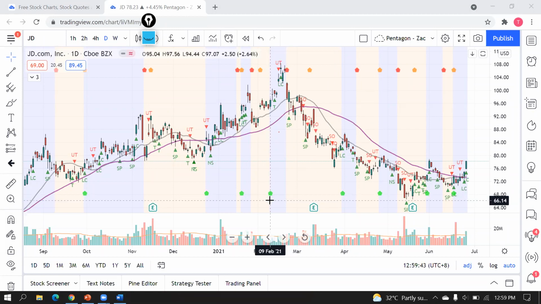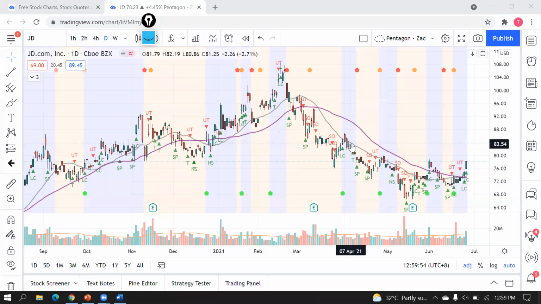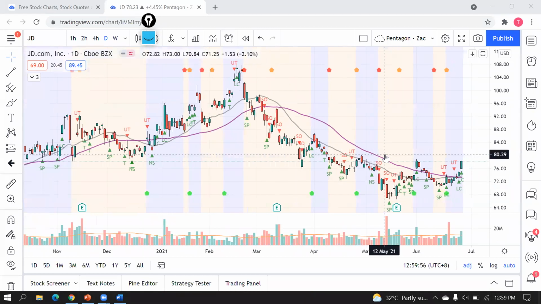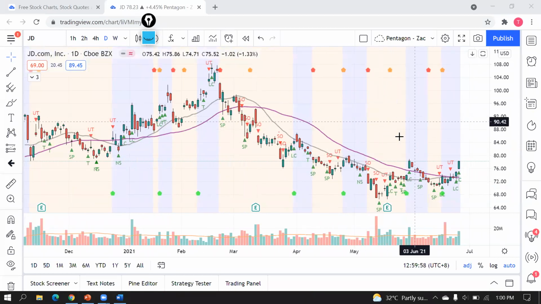Now this is not a pullback. But what can you see from here? Masterclass students, let me know. When you see the chart, immediately you spot it already. What are the things that you can spot from the chart? Yes, stopping volume, right?